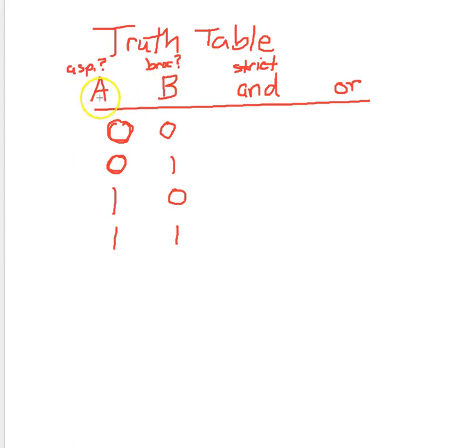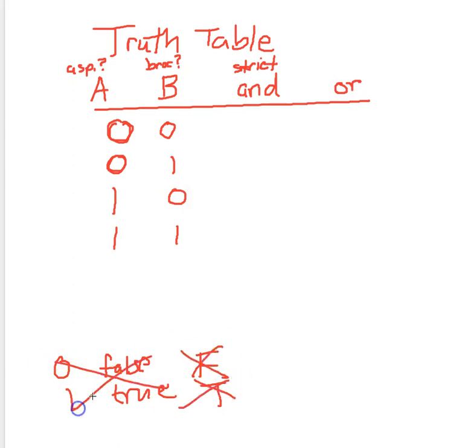So if the player has health greater than 0 and the player is on the board, the two of those together with the word and might mean that play continues in the game, true or false. And throughout this whole chart, 0 represents false and a 1 represents true. Do not use T's and F's on truth tables in my class. I like 0s and 1s.